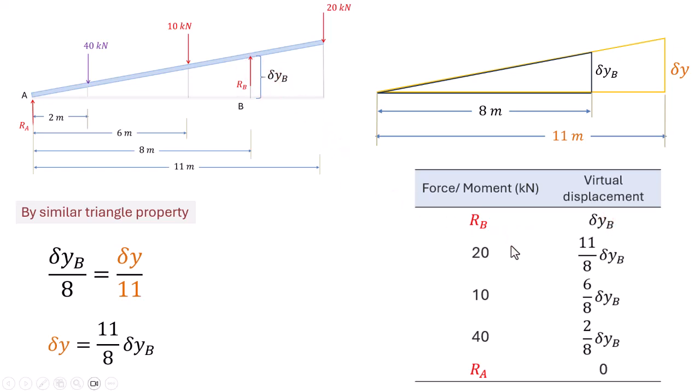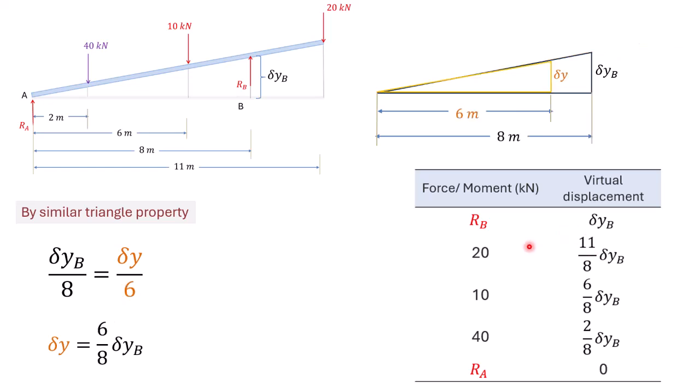Then at the 20 kN force, by using this similar triangle property, the virtual displacement is L1 by 8 times delta YB. In the same way, we find the virtual displacement at each force point. Just see in this table.